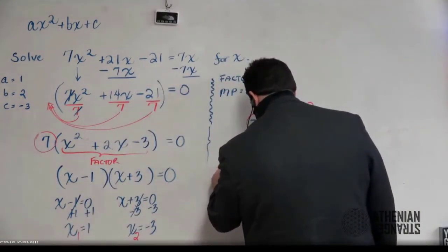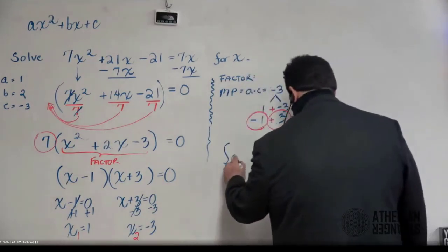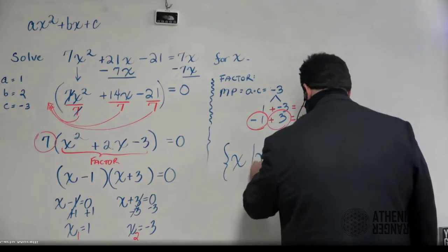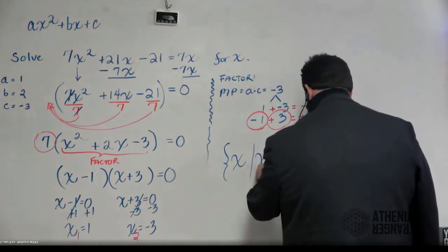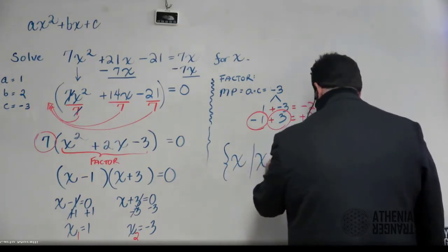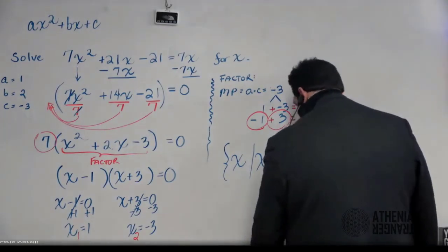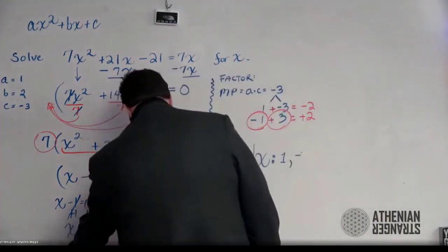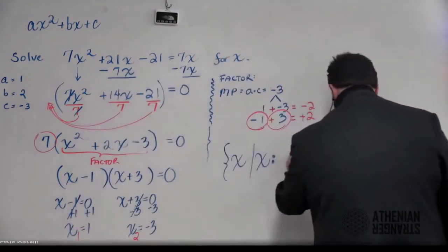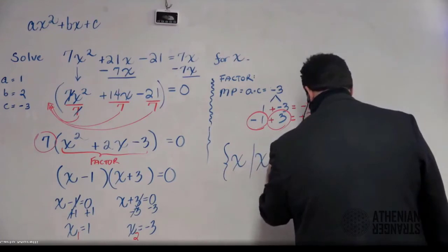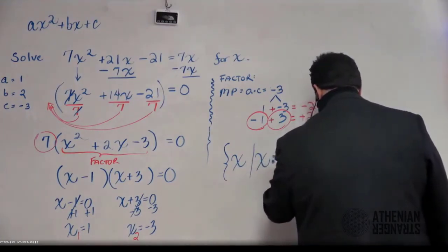The set of all x such that x contains 1 and negative 3. And actually, if we want to be even more stylistically accurate, we list them in order from least to greatest. So we'd say x contains negative 3 and 1.